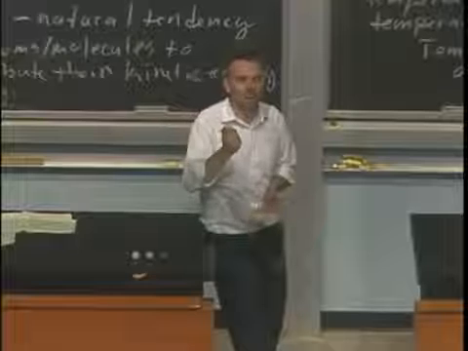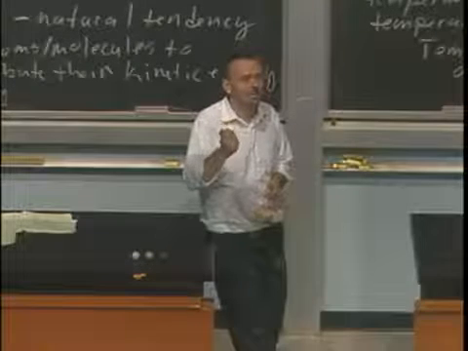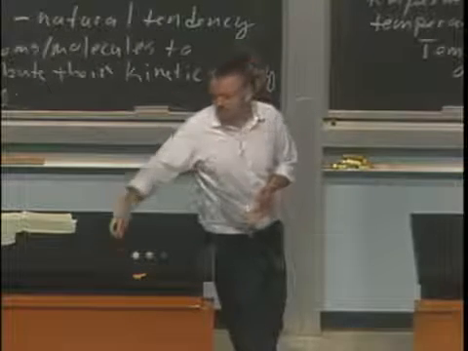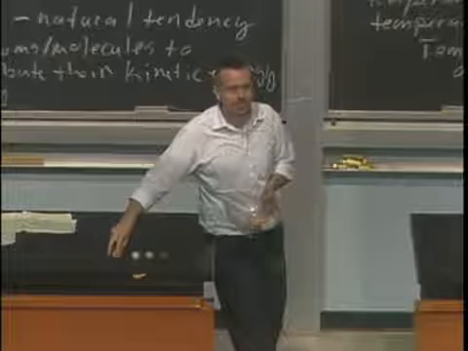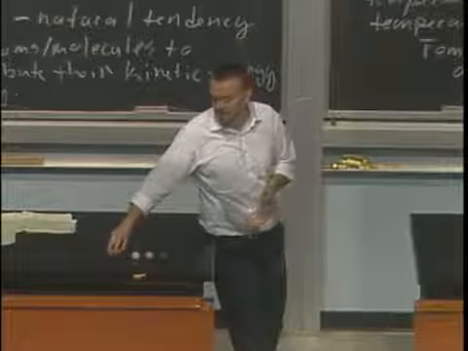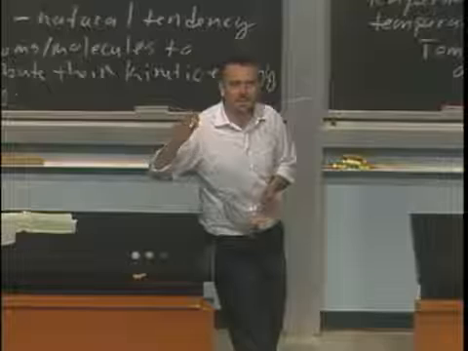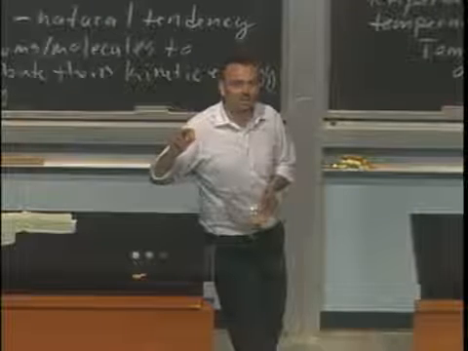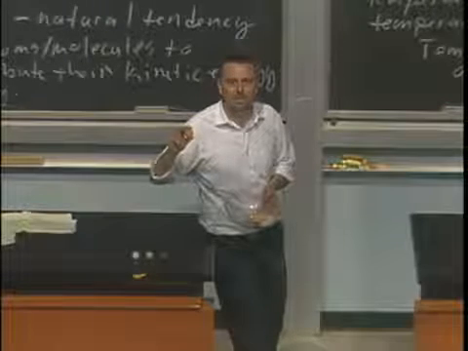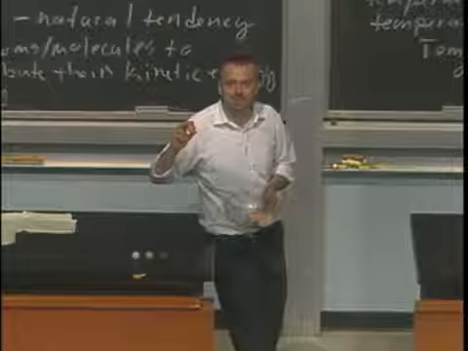Remember, the kinetic energy is 1/2 the mass times the square of the speed. So if these all have roughly the same kinetic energy, the low mass ones are going to have a much higher speed in order to have the same kinetic energy.